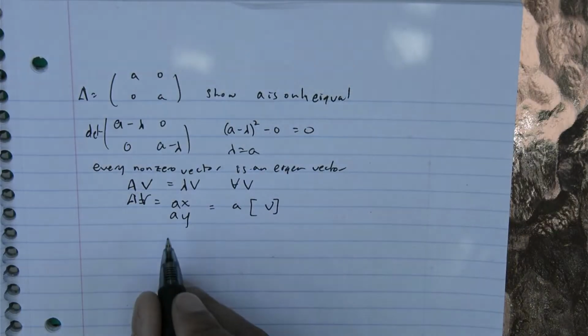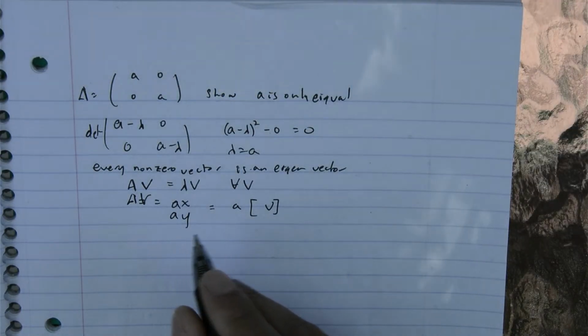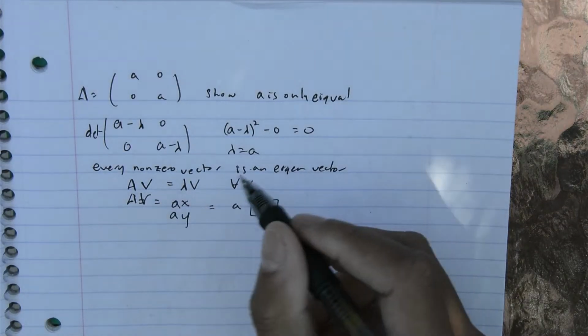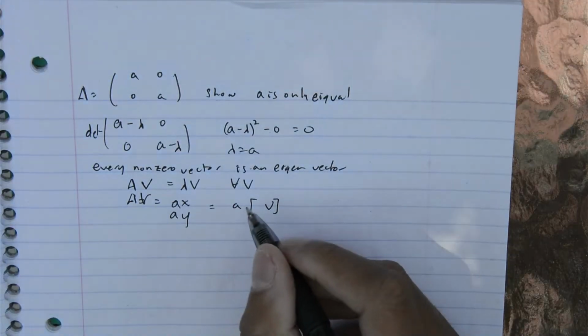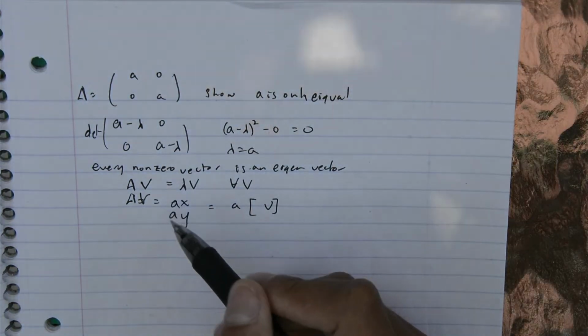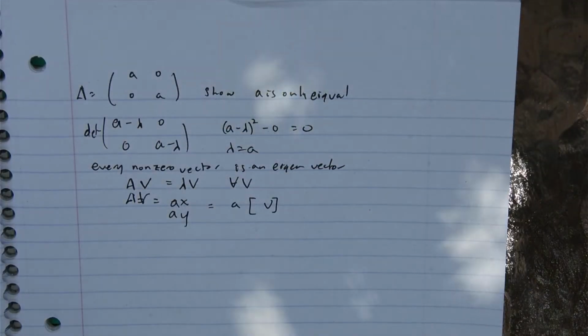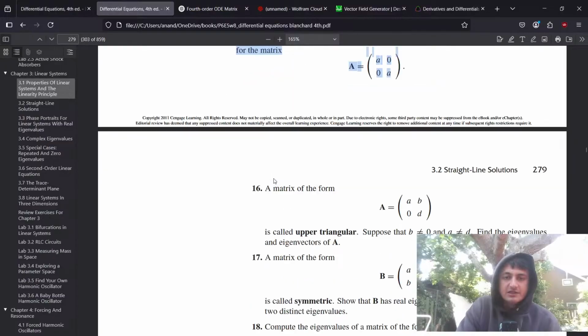So it's actually really easy to show. Just by the definition, just by taking AV, you show that for all V, because this is just the scaling it. Okay, cool. So that was actually a good one and not as hard as I thought it might be.